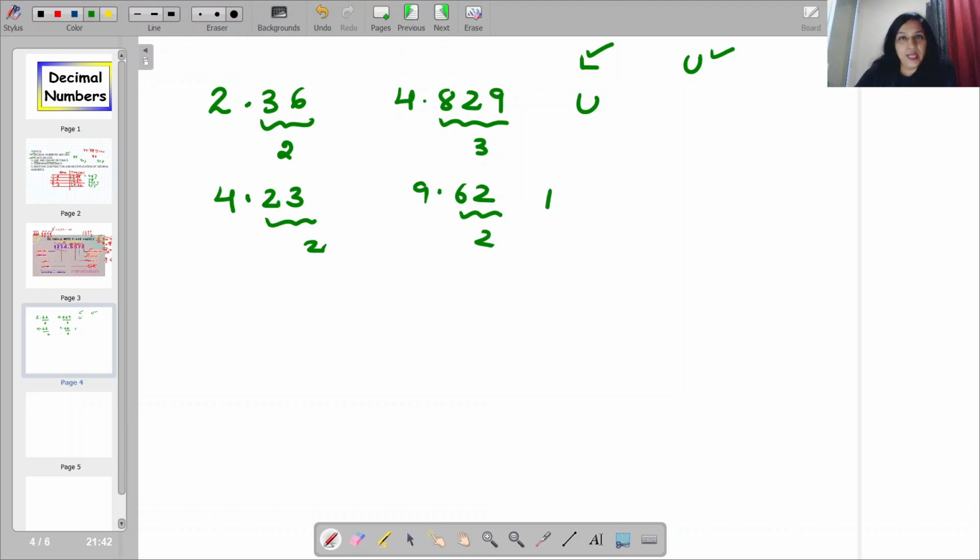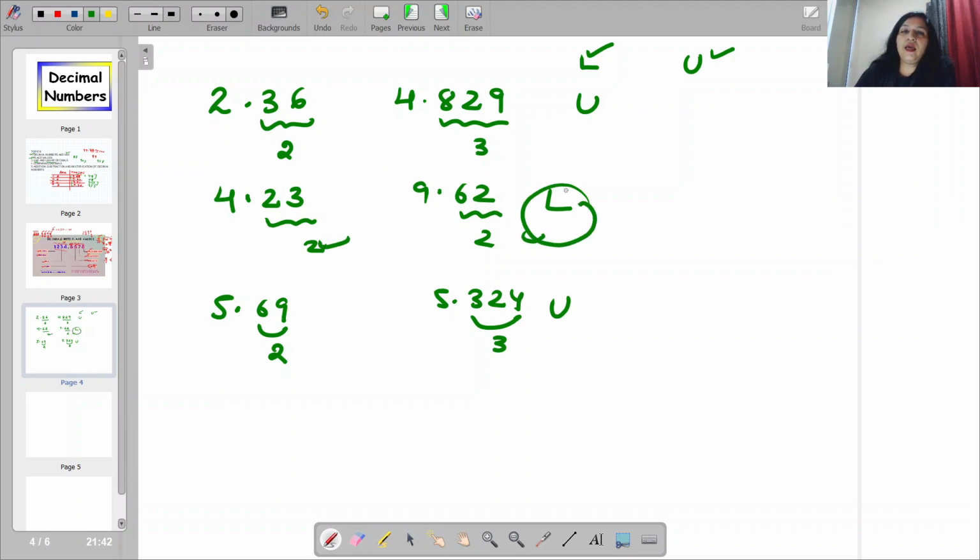They are like decimals. 5.69 and 5.324. Here I have two digits, here I have three digits. Again, they are unlike. So how to decide if two decimal numbers are like or unlike? Just count how many digits are there to the right of the decimal. If the number of digits is equal, they are like. If they are not equal, they are unlike.